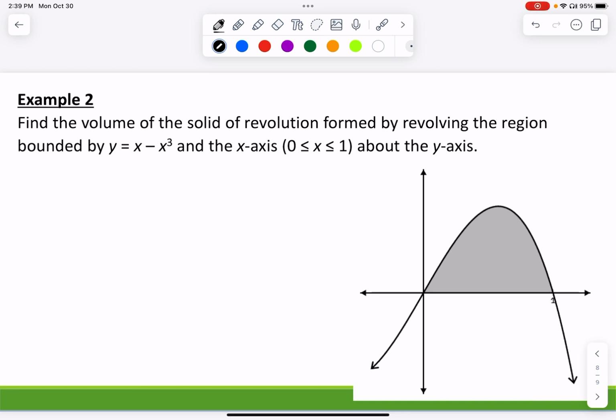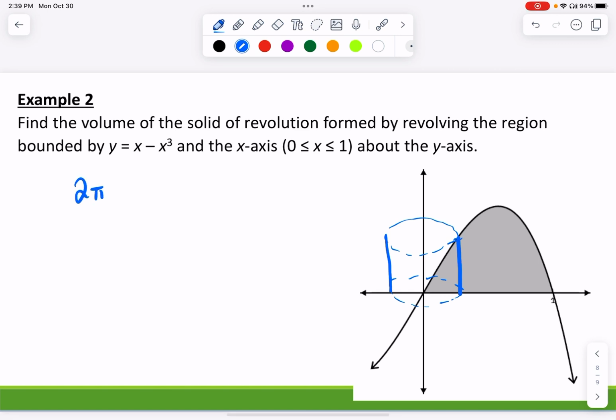Another example. Find the volume of the solid that revolves around the y-axis. So again, I basically have one cylinder here, and I'm revolving that around the y-axis, and I'm summing all of those up.